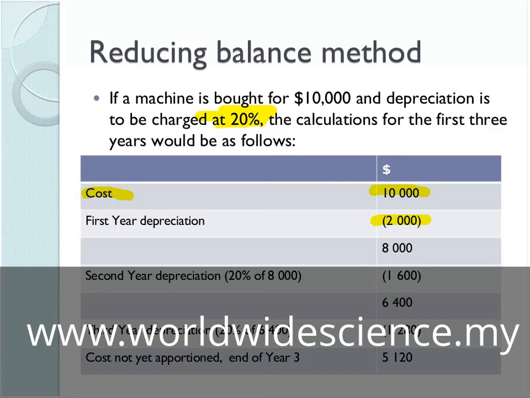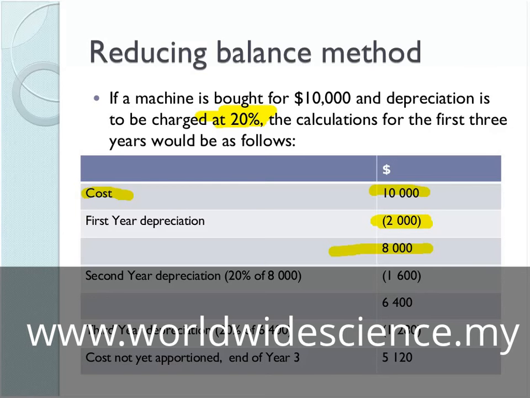The first year depreciation is 2,000 because based on the formula, 10,000 multiplied by 20% we will get 2,000, right? And the cost here, 10,000 minus 2,000, will be 8,000, right? This is how it's given to you.